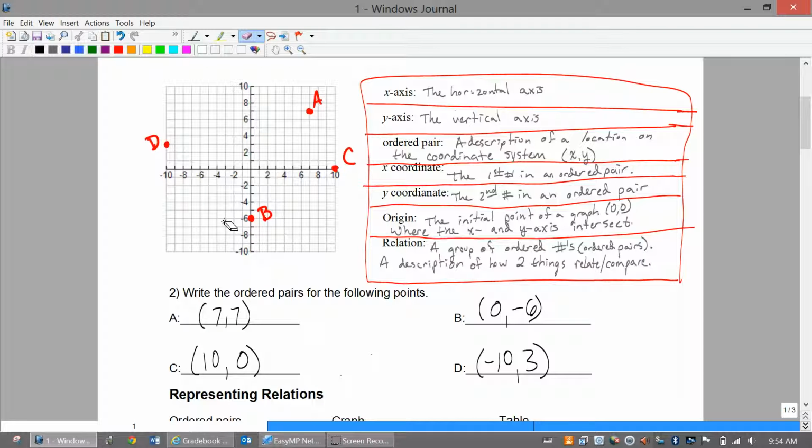You with me on that? A written relationship between these X values and these Y values is represented down here with the ordered pairs. It represents what value of Y we get for each value of X.